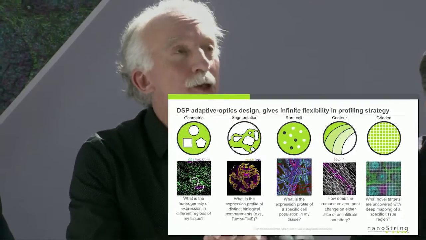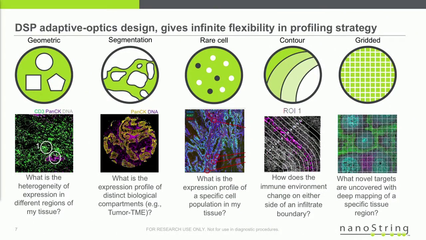Now, the nice thing about having an adaptive optic in the back of the GeoMx, when you're talking about flexibility, is that every time we put a tissue slice in there, it can self-configure itself over all these different types of geometries. We allowed the pathologists to sit there and scribble right on the tumor themselves and do geometric profiling, automated segmentation where the instrument automatically reconfigures itself. You can do rare cell profiling.